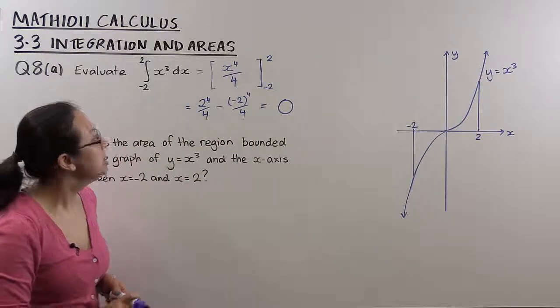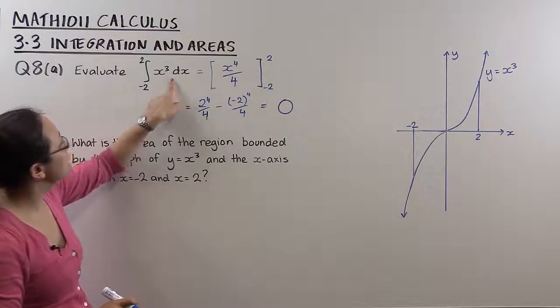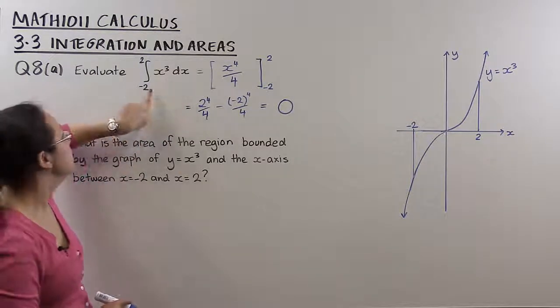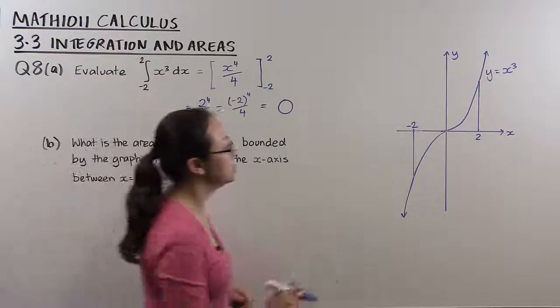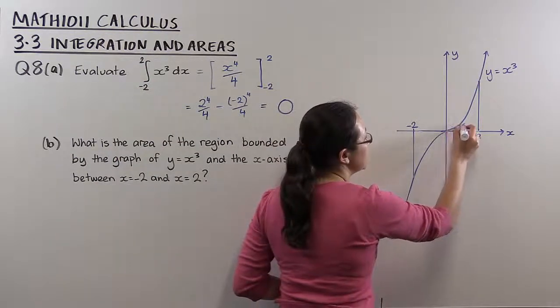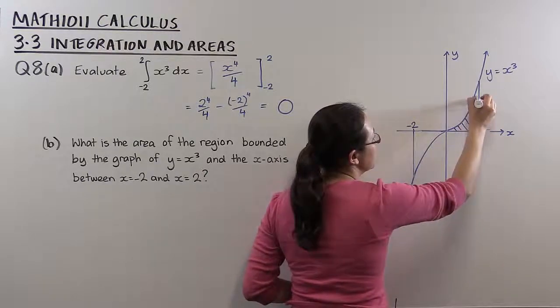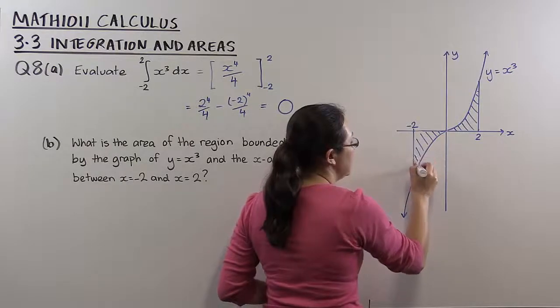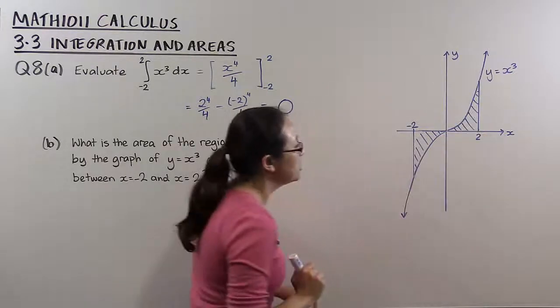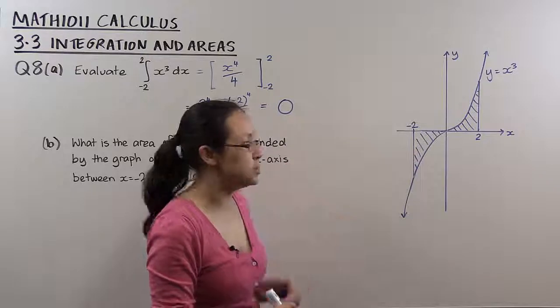So the reason we might have suspected that we would get 0, because x cubed is an odd function, is because this is calculating the signed area from -2 to 2 underneath this graph y equals x cubed. So we're calculating the signed area, so the area to the x-axis, but because it's a signed area, areas above the axis will be positive and areas below the axis will be negative.